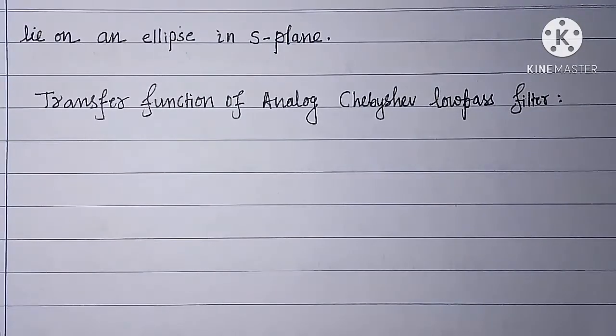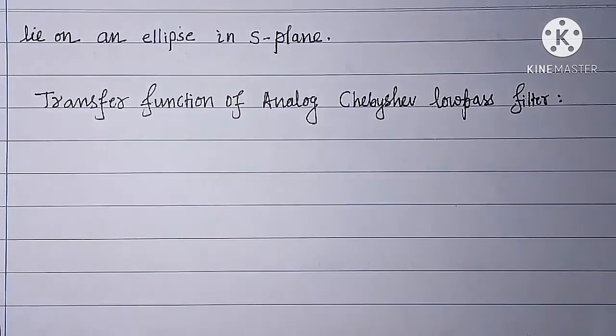We know that filter has to be stable and causal. For that, the poles of the transfer function should lie on the left half of S plane.